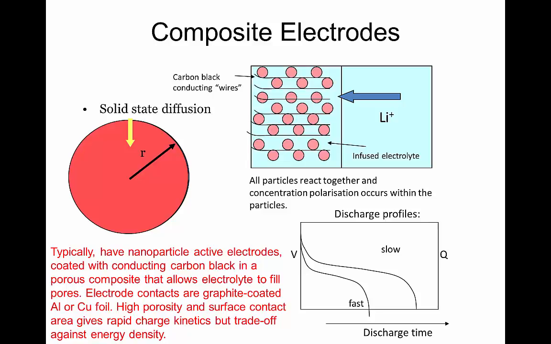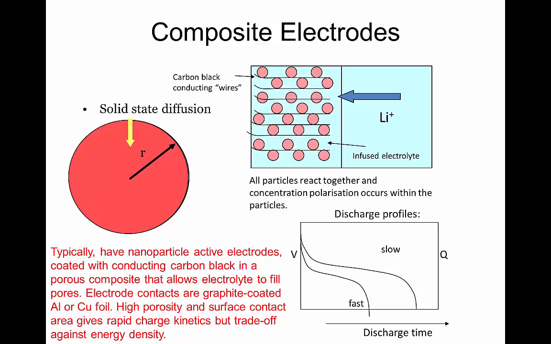In order to increase the surface area of contact between the redox active electrodes and the electrolyte, which is usually a liquid, it is allowed to diffuse into the porous composite and fill all of the gaps between the redox active particles.